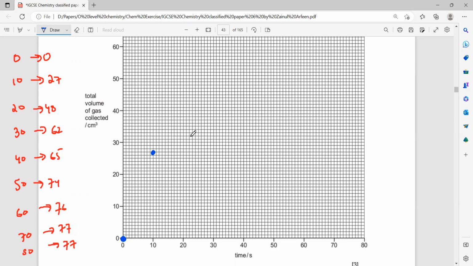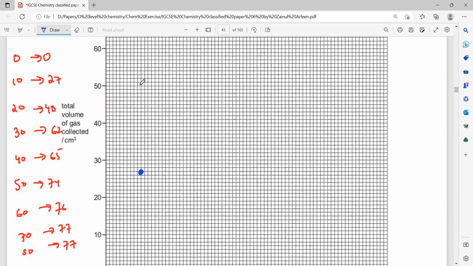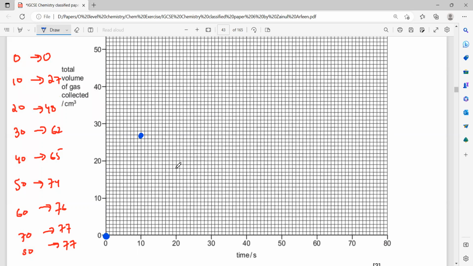Then 20 and 48. So this one is 20. This is 50 and below 2 boxes, because each box on the y-axis represents 1 and on the x-axis also each box represents 1. Then 30 and 62.